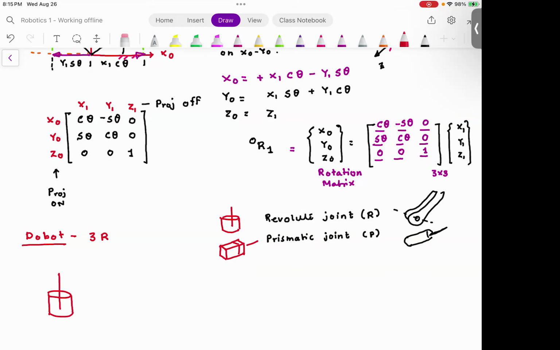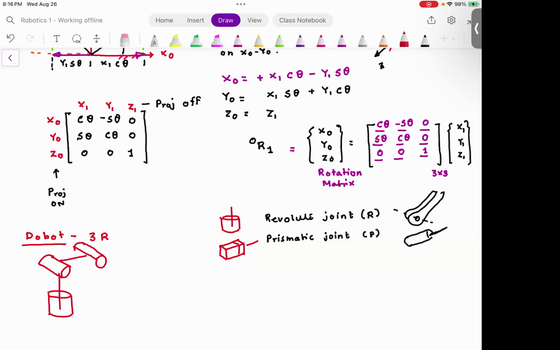Then the second revolute joint is perpendicular to the first revolute joint. And the third revolute joint is something like this.